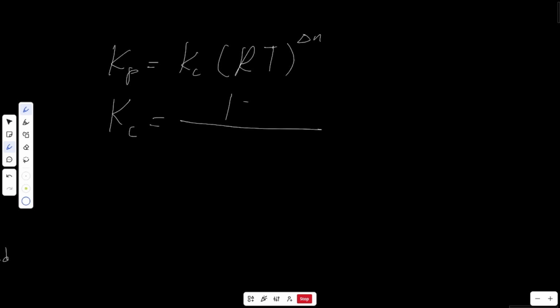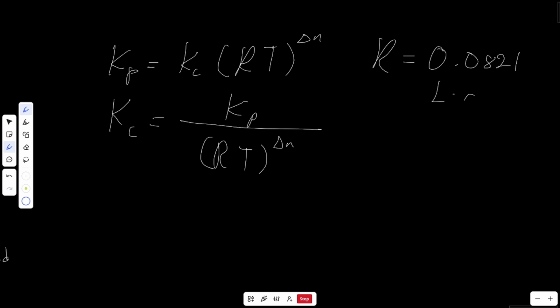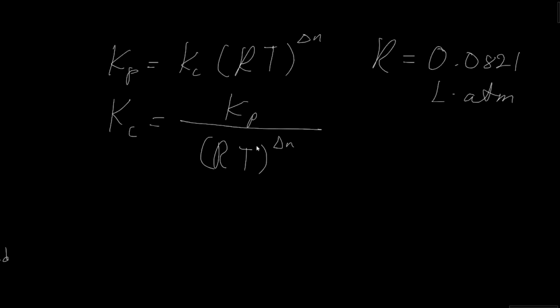So our Kc equation would be the equilibrium constant of partial pressure divided by RT to the power of the change in moles. What is R? We're using 0.0821 liter atmosphere per mole Kelvin. So that is another relation for Kp and Kc.